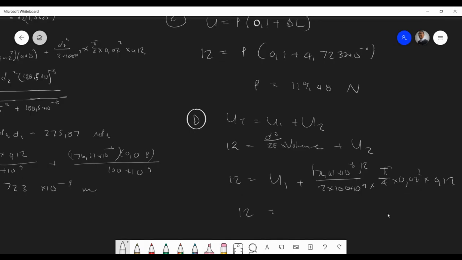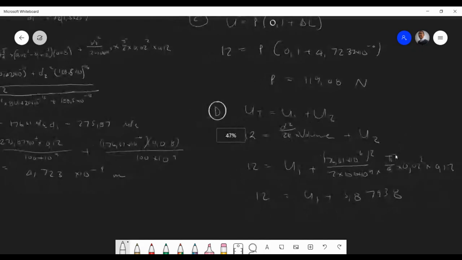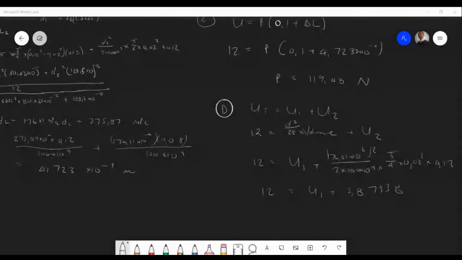And 12, and if you just compute this, it's a guaranteed 10 to 15 marks for you. Don't say I never gave you anything. I'll thank the textbook anyway. And if we get that answer, I get 5.87938. And obviously you can just round it.